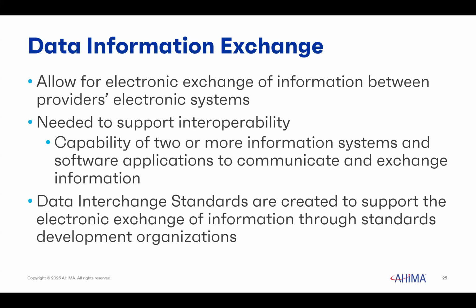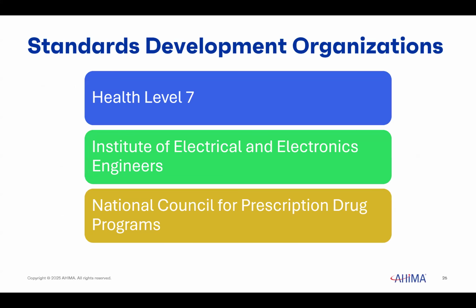But it's important to know about the data information exchange, and this is where the rubber meets the road with interoperability. And again, we talked about the HL7, the Institute of Electrical and Electronics Engineers, the people that brought us TCP/IP, and some of these other things.